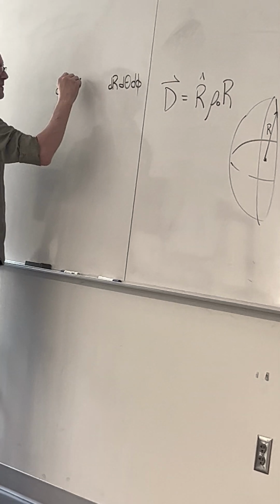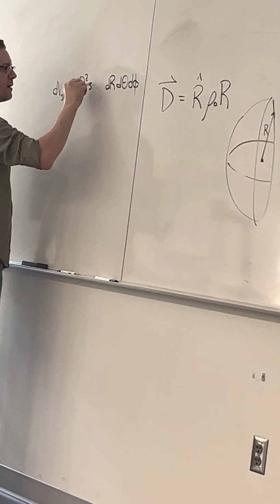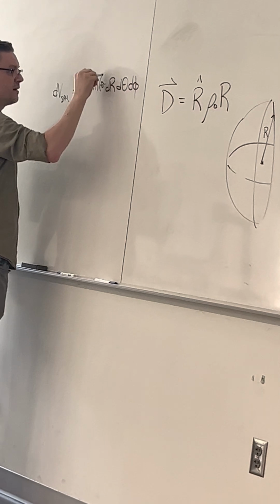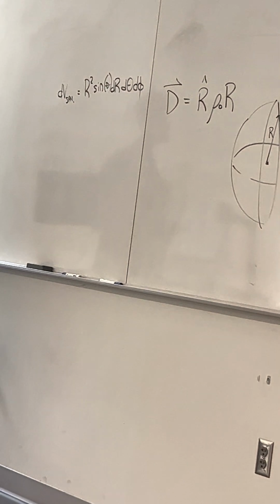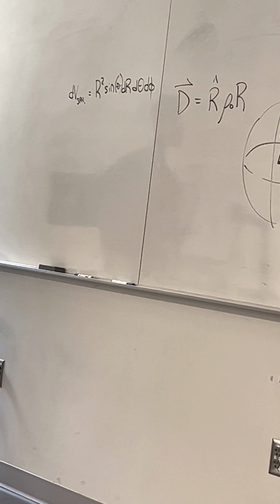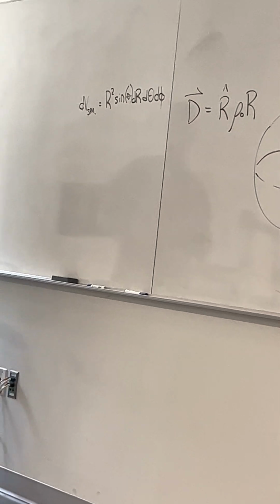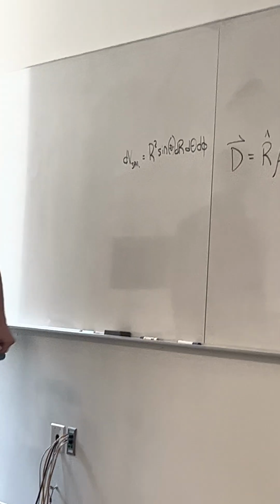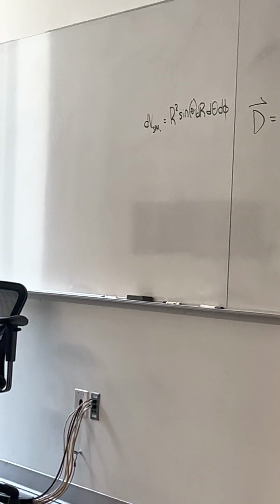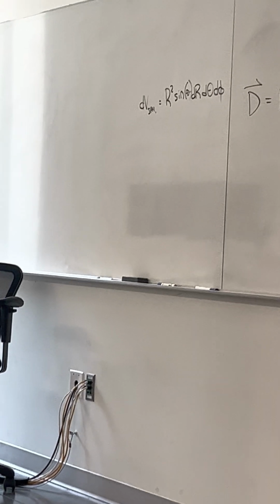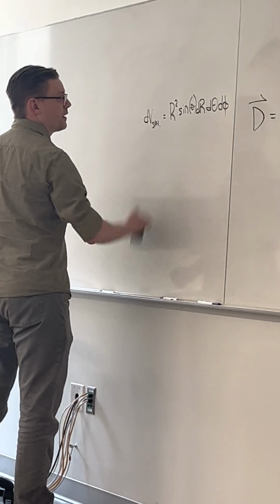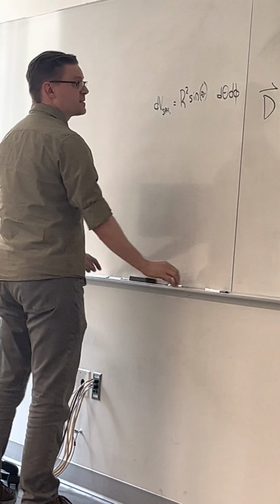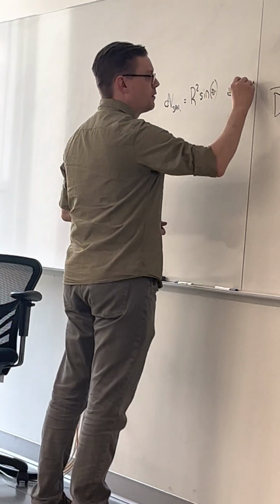We have this r squared sine theta up front. The R and theta are in different positions on the page there. Are you integrating them in a different order? This can move around. The other ones can't. But I'll stick with what it looks like there.